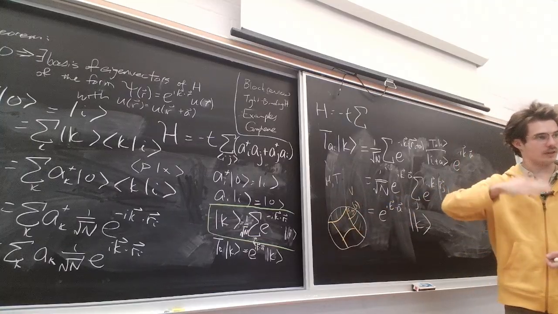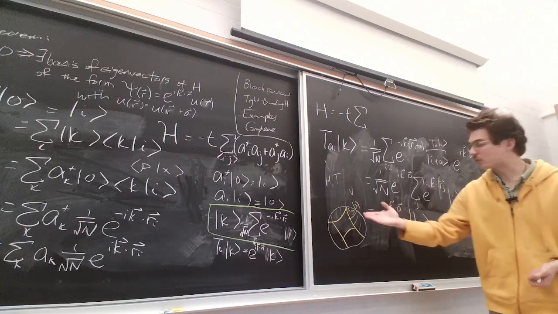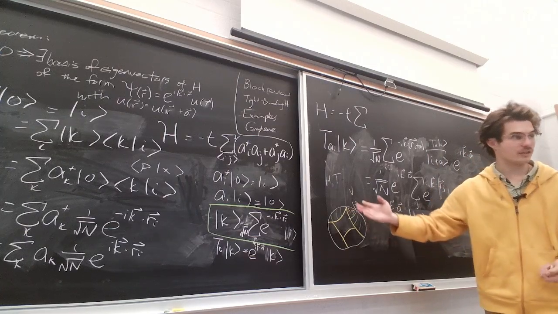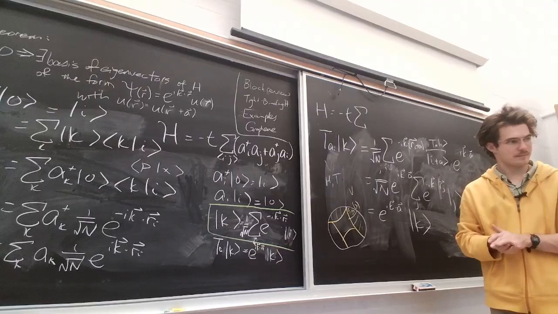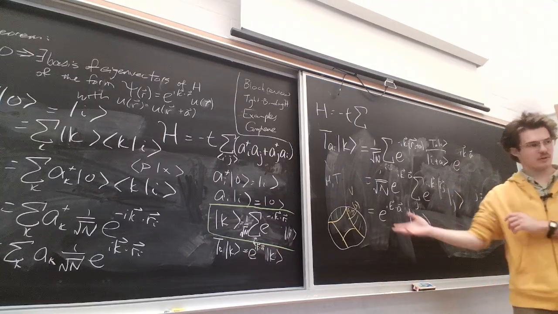And then hopefully the problem of finding the eigenvalues of the Hamiltonian will be much simpler because we're looking at the Hamiltonian on a much smaller subspace. Do people remember this picture from last time?